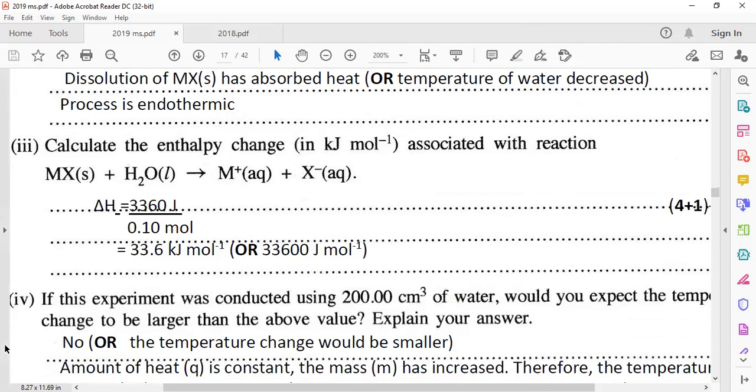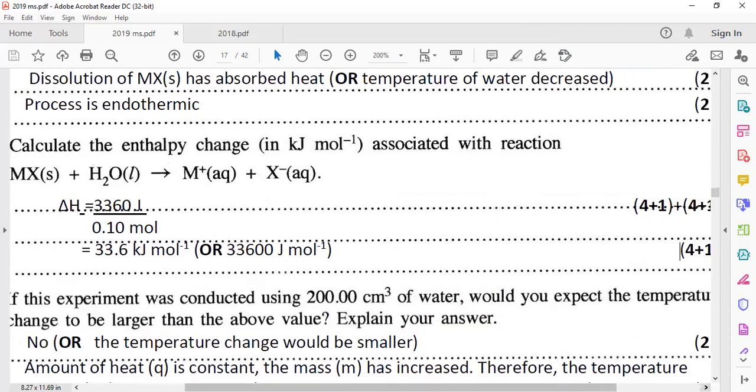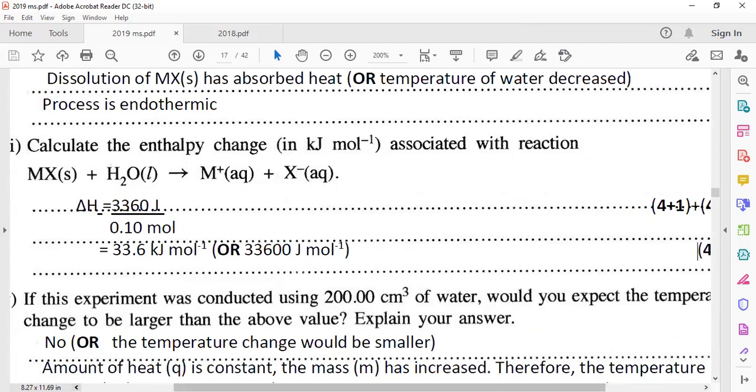And the next one, I asked the question. As this experiment was conducted using 200 cm³ of water, would you expect the temperature change to be larger than the above value?